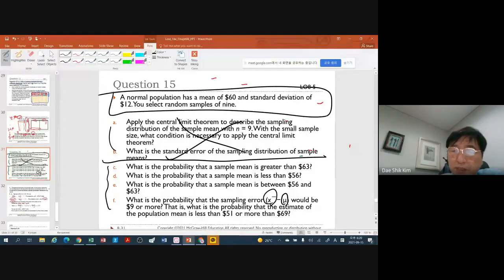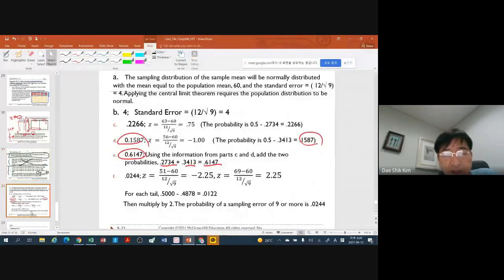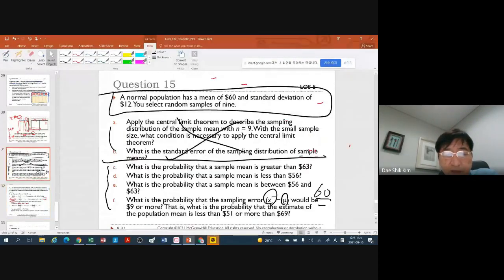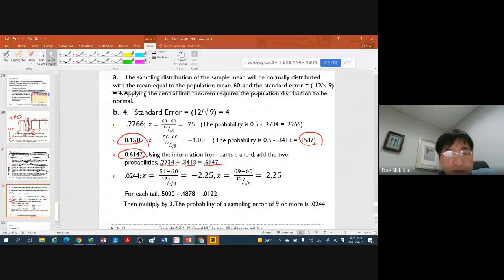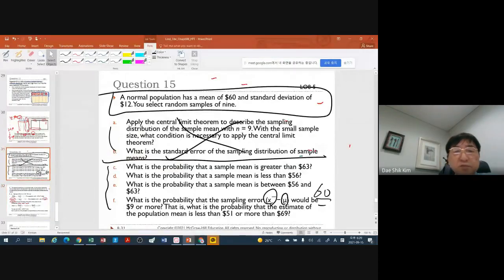And the population mean is 60, right? X bar is bigger than or smaller than, and we need to count. So it means, can you translate this sentence, this question, into mathematical form?